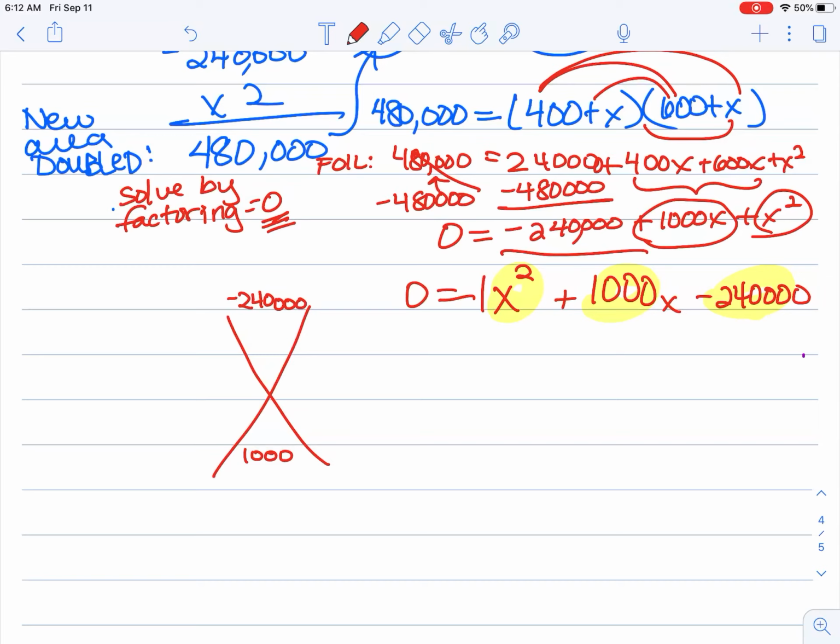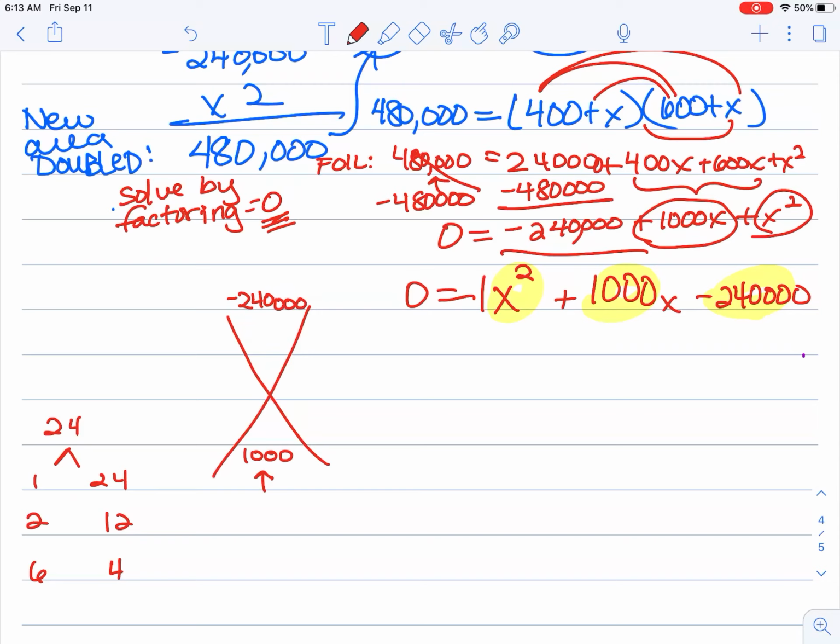If we're looking for these factors, we could start at 1, but we know that's not going to be enough. We just know that the numbers need to be pretty close. They need to be 1,000 away from each other. And if we look at the factors of, basically, let's just take our factors of 24. We could use 1 and 24, 2 and 12, 6 and 4, okay?